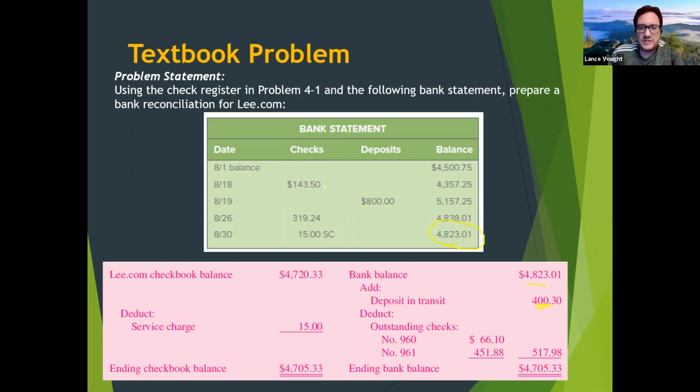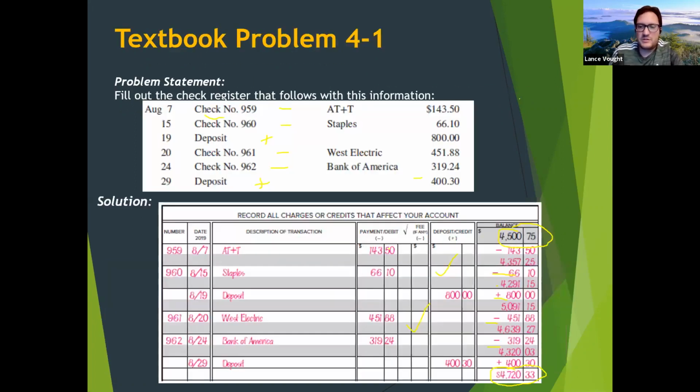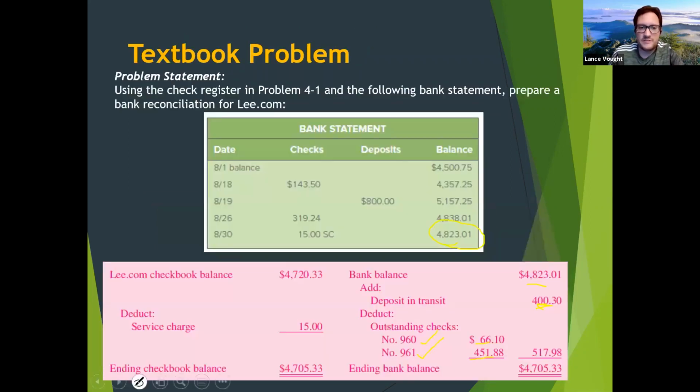We also don't see check 960, $66. That's here. And we don't see 451.88 right here. So we need to subtract that from the bank balance. And notice how here we had 47.20.33, but because we didn't have this service charge, because it's not a check, in our checkbook, we need to deduct that from our checkbook balance. And now at the end of it, we have a matching number.